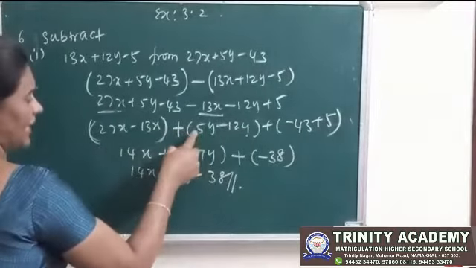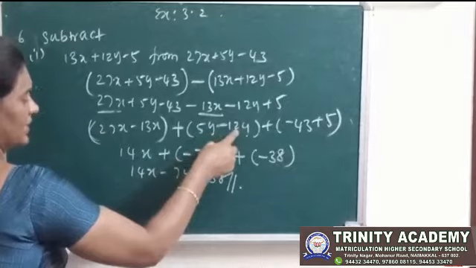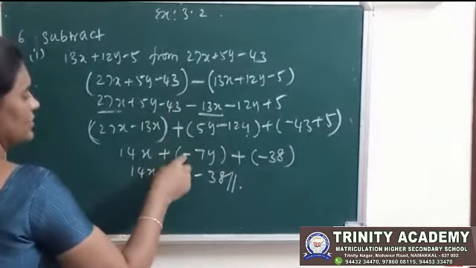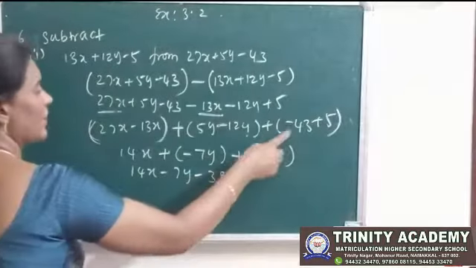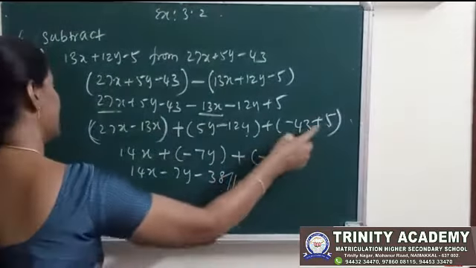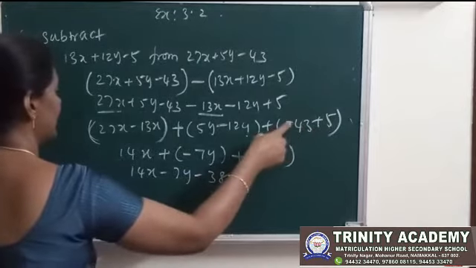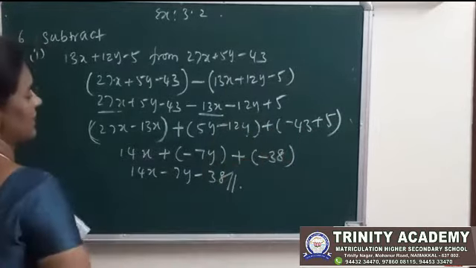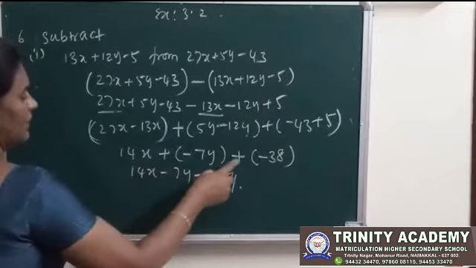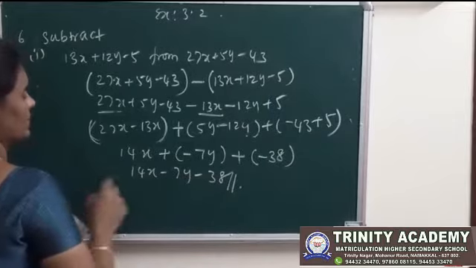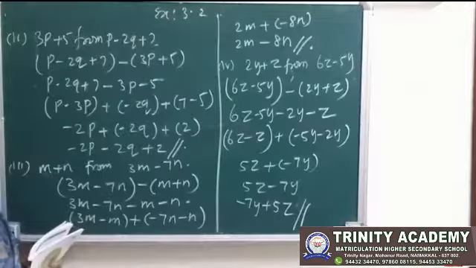Now we subtract. 12 is the greater number, in front of 12 is minus. So minus 12 minus 5 is 7y. Plus minus 43 plus 5. We subtract these two. 43 minus 5 is 38. 43 is a greater number, in front of 43 is minus. So the answer is minus. That is 14x plus into minus, minus 7y plus into minus, minus 38. So the answer is 14x minus 7y minus 38.